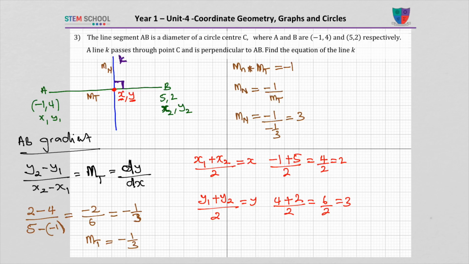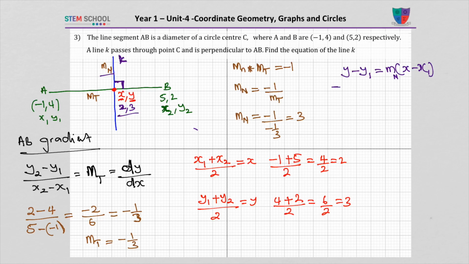So now, to find the equation, I know the point where it goes through, that's (2, 3). Now I know the gradient and I know the coordinates, so I can find the equation of the line, which is y minus y1 equals m (that's mn, by the way) into bracket x minus x1.